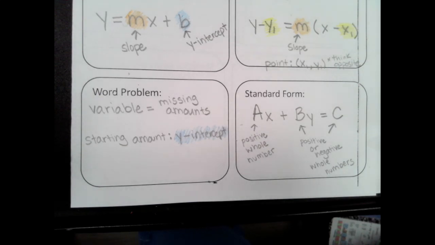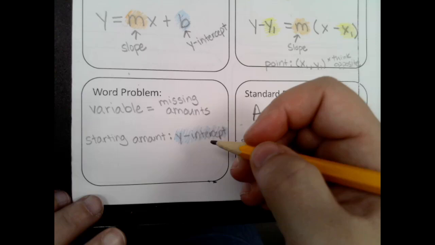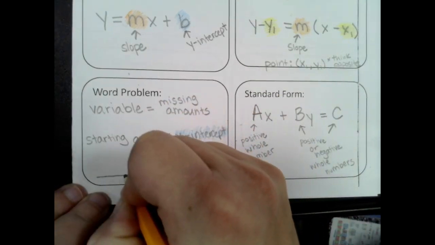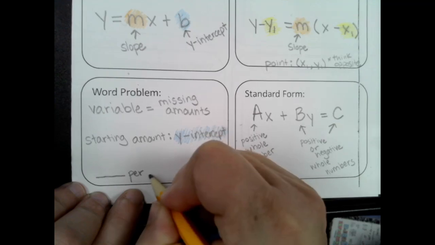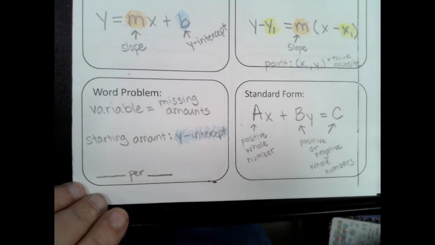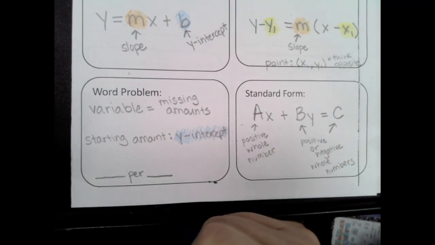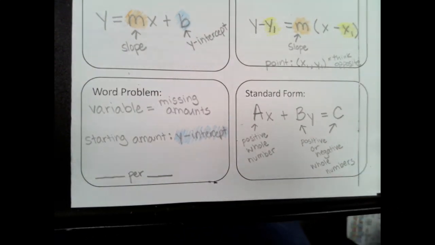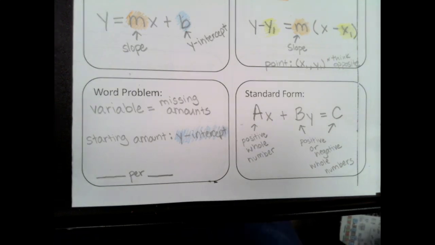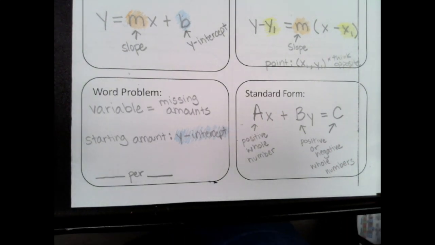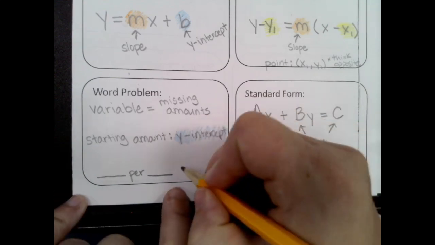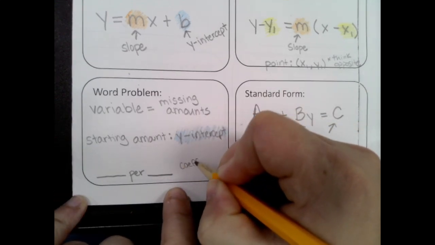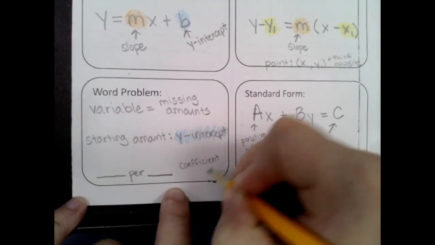And then there's one more thing we'll write with our word problems. Anytime I see something per something, I see that word per. Like per capita, or like it's $2 per ticket, $5 per drink. That per tells us that we're going to be multiplying, so it's going to give us a coefficient with a variable.